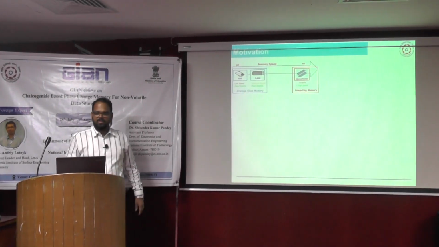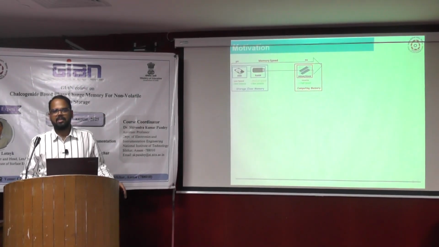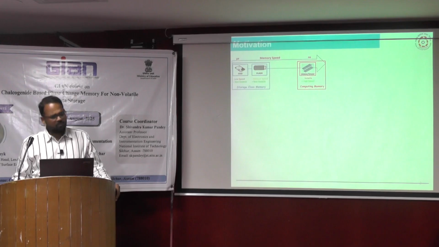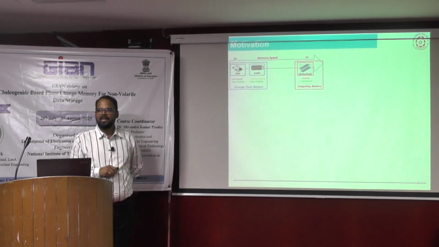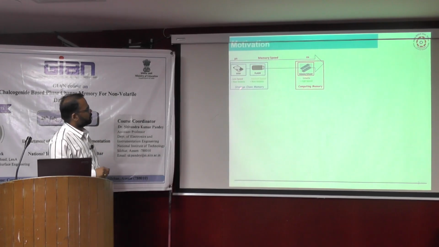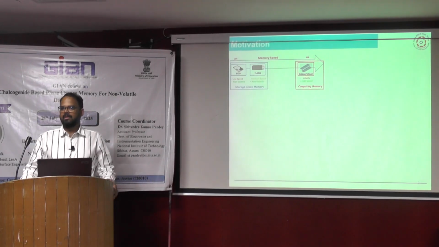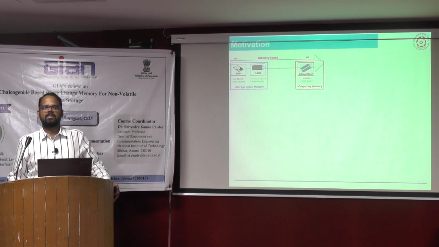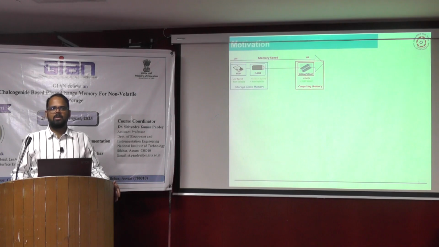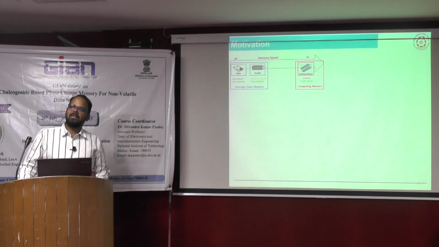So what is the motivation behind studying this memory? As you can see, the whole memory hierarchy is divided into two parts. As I spoke during the inaugural ceremony also, your computer and laptop depend on von Neumann architecture.